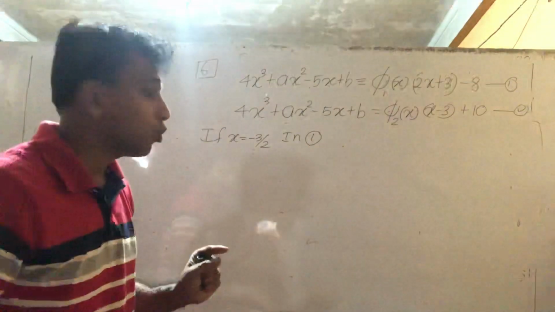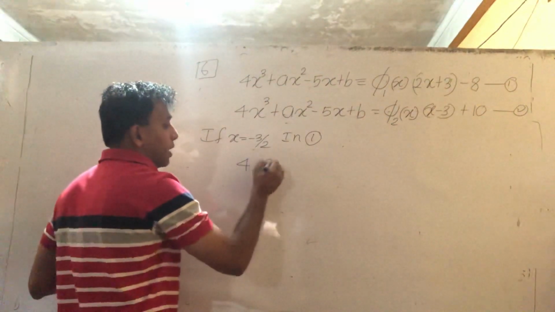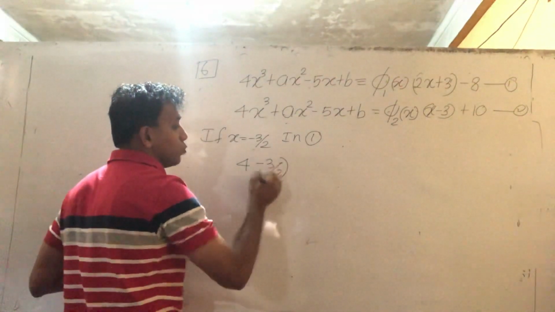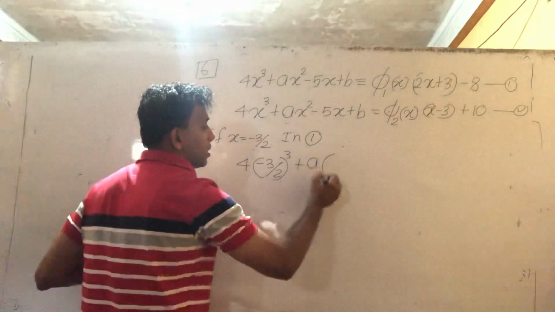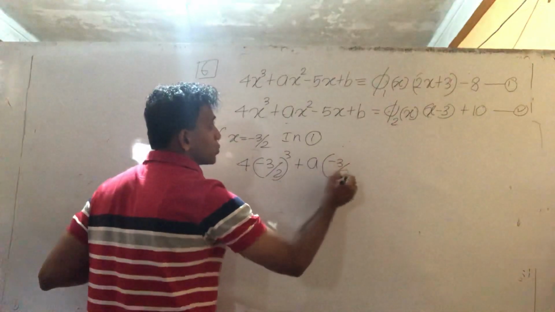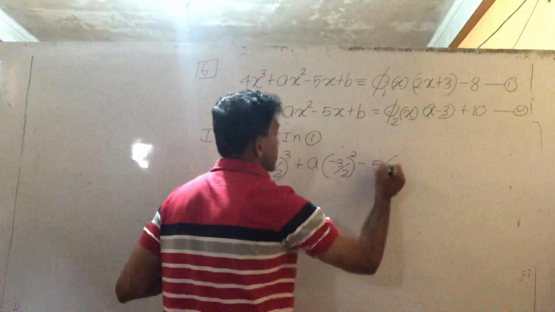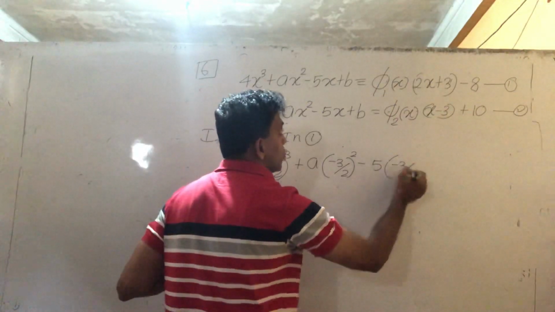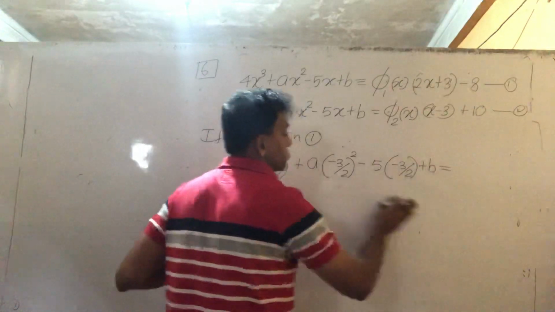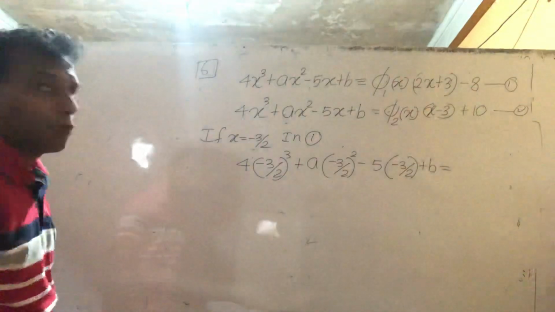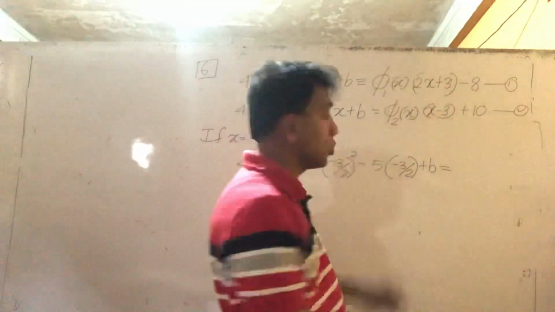So 4 times (minus 3 over 2) cubed plus a times (minus 3 over 2) squared minus 5 times (minus 3 over 2) plus b equals, the quotient part becomes 0, minus 8.